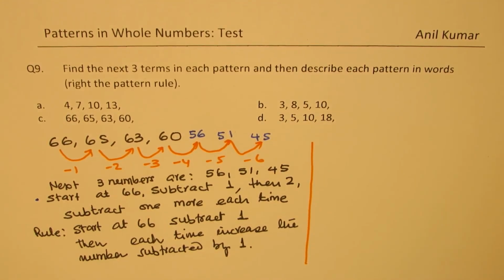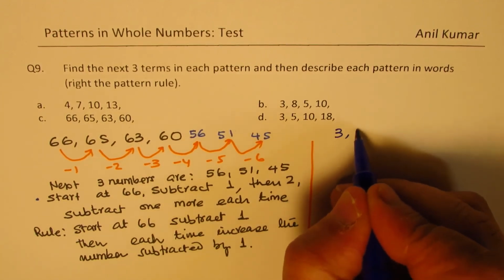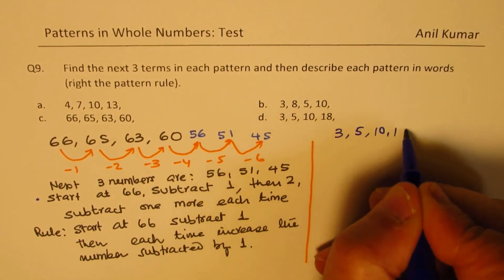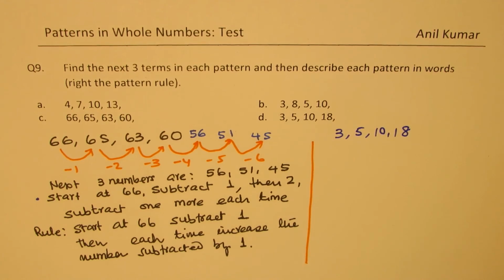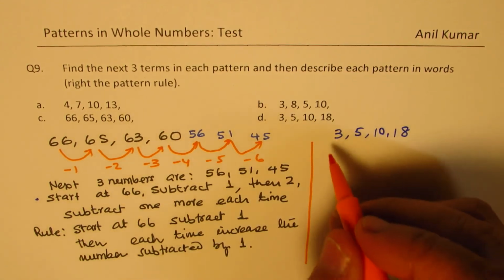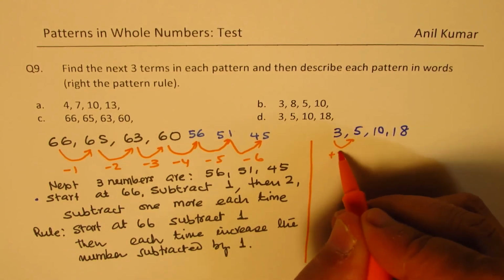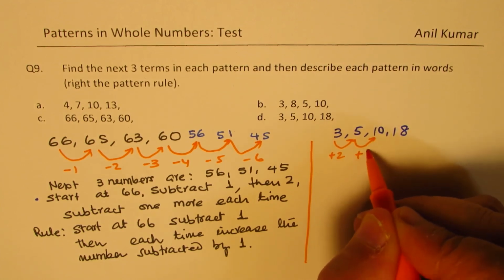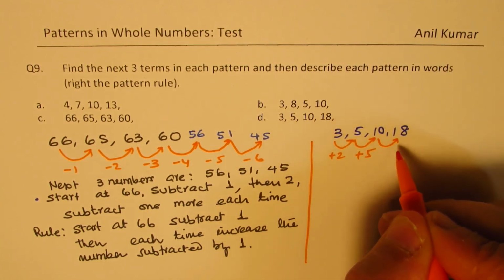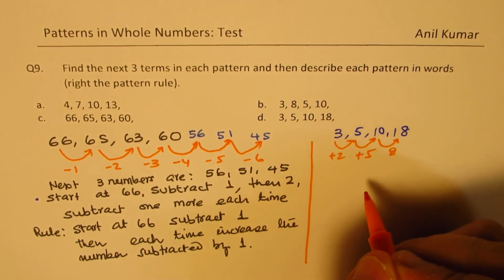The last one here is the number pattern 3, 5, 10, 18. Now here, what do you think is happening? Well, let's check. 3 to 5, we added 2. And 5 to 10, we added 5. And then we added 8.